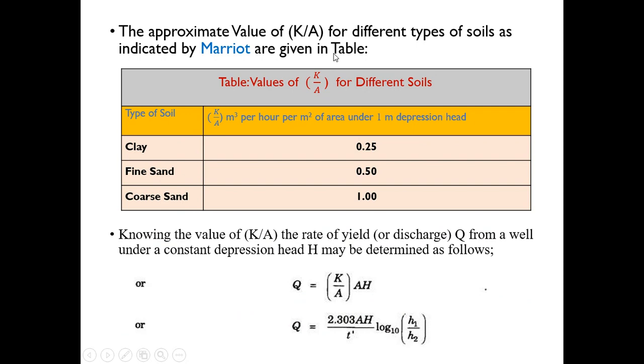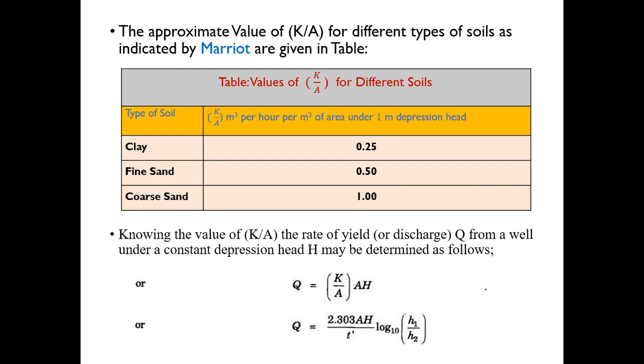Now wherever this recuperation data is not available, meaning it is not possible to get the values of h1, h2 and t, the approximate values of this k for different types of soils can be taken as given by Meinzer. Meinzer is the hydrologist who worked on groundwater and well hydraulics, and he found the values of specific yield in the absence of a recuperation test for different types of soils.